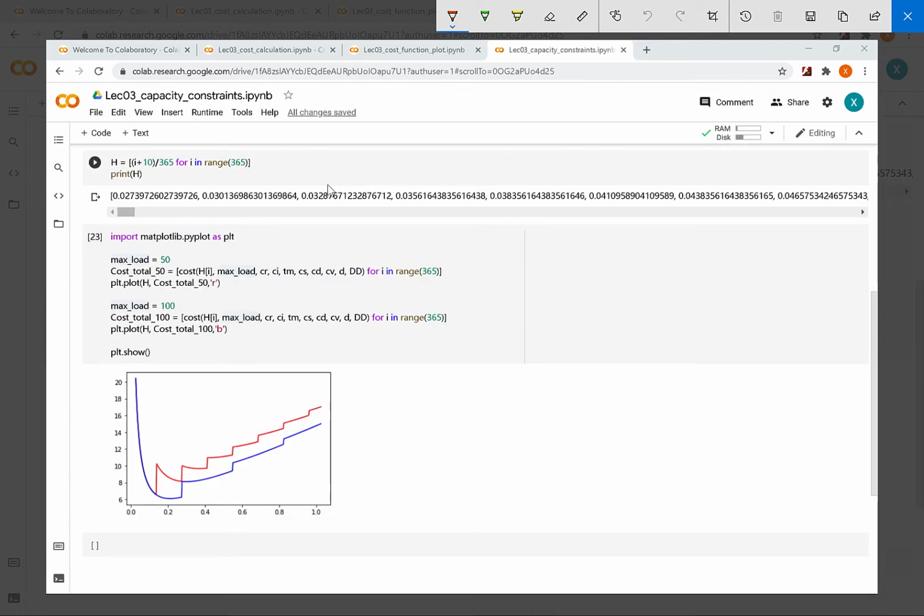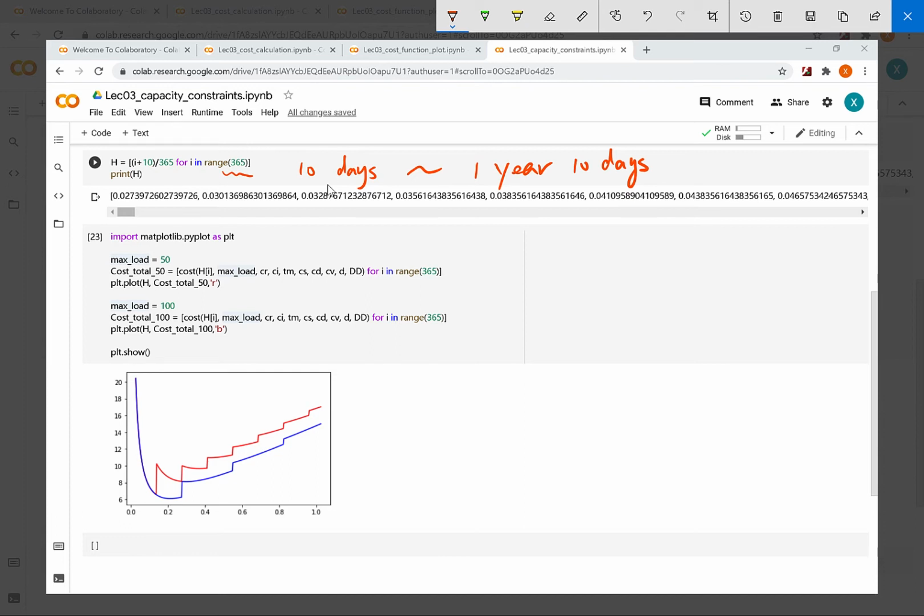To show the plot a little more clearly, we adjust the number of possible headways from 12 months to each day. So now we have a whole year of choices of headways, from 10 days to a year. The reason I start from 10 days is because if the headway is too small, the cost is too high, which is not easy to show in a figure.